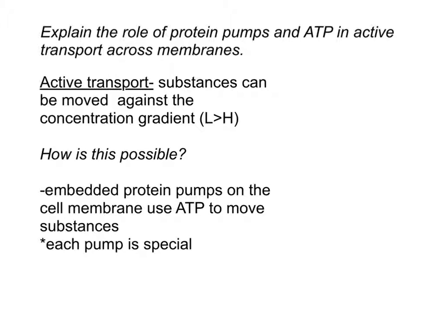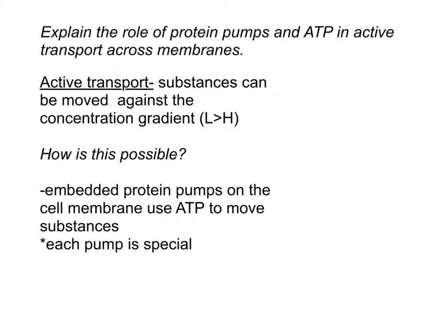The advantage of active transport is that substances can be moved against the concentration gradient, meaning from a region of low concentration to a region of high concentration, where before it went from a high concentration to a low concentration. So since it's going from low to high, it's going to require energy, an extra force to get the molecules moving across that membrane.